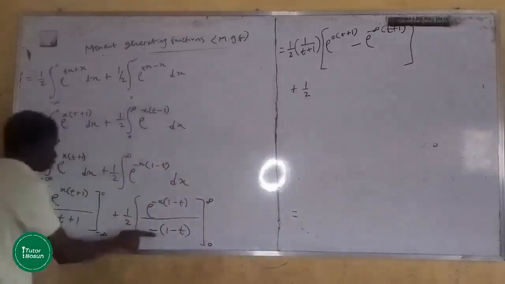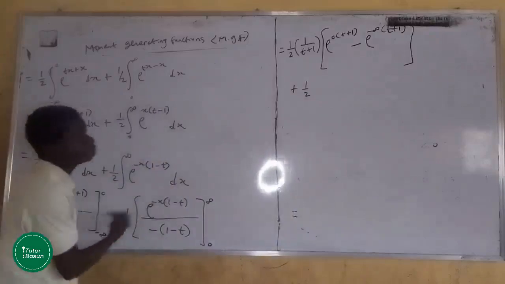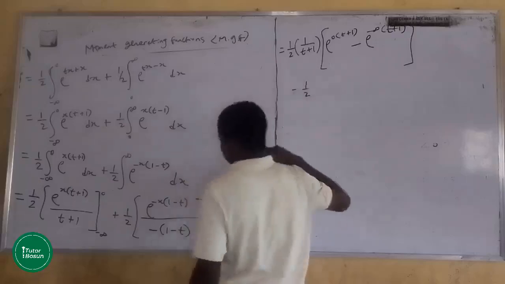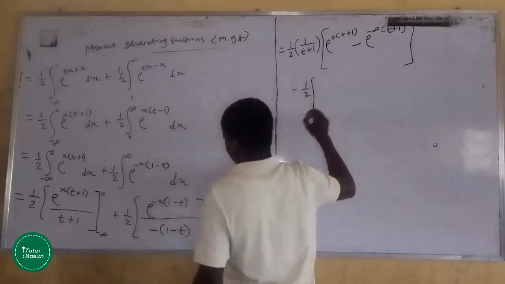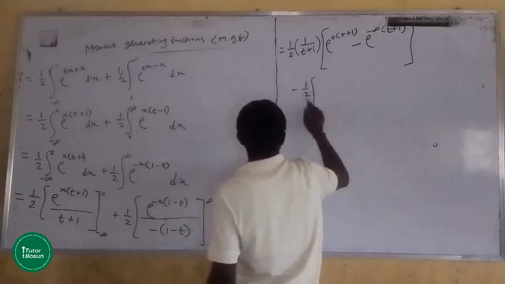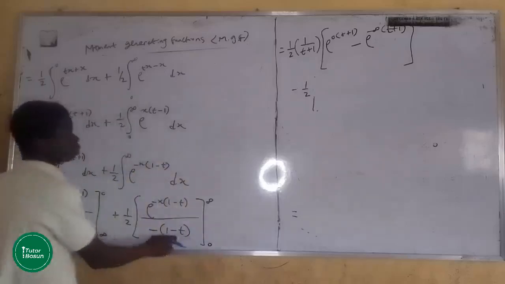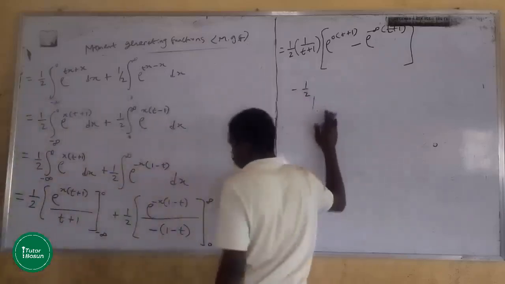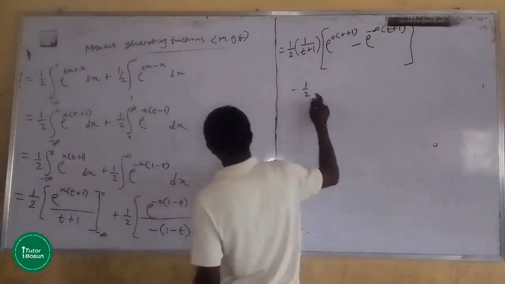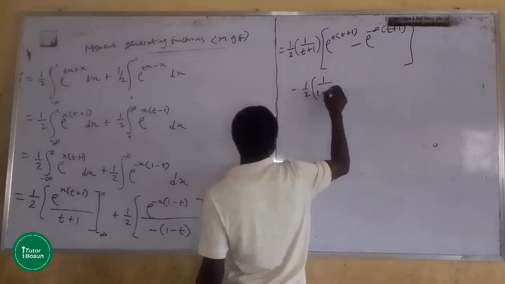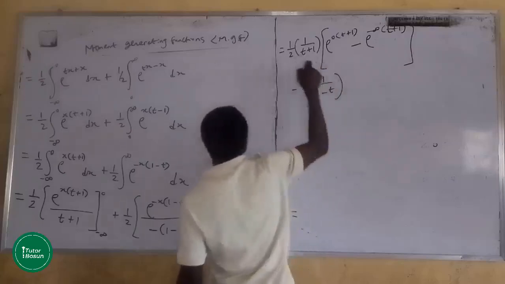Here we have minus, so we can bring out the minus here. This can become minus 1 over 2. We can also decide to bring out the constant, which is the denominator, 1 over 1 minus t, just like we have done here.